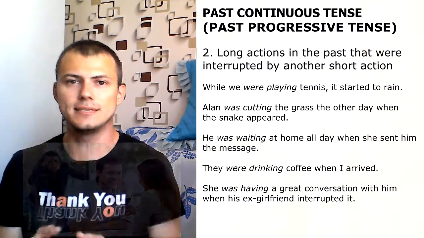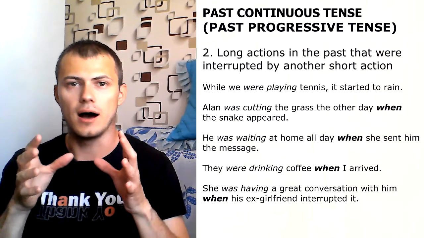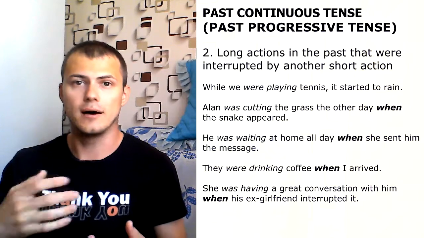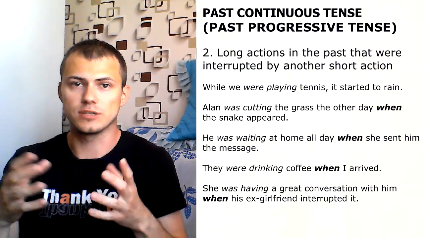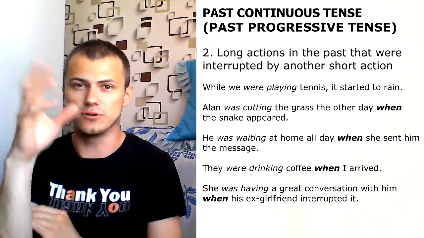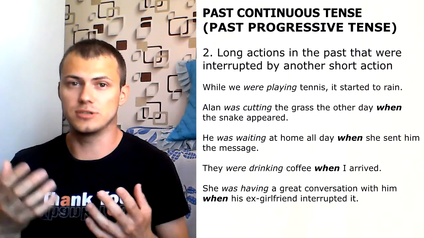As you can see from these examples, we normally have when before an interrupting action, before an action in the past simple tense. For example, when the snake appeared, when his ex-girlfriend interrupted it.